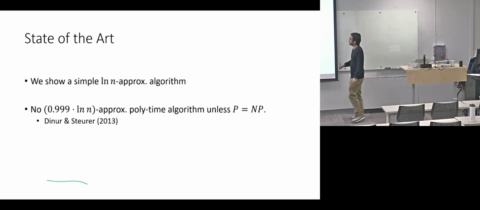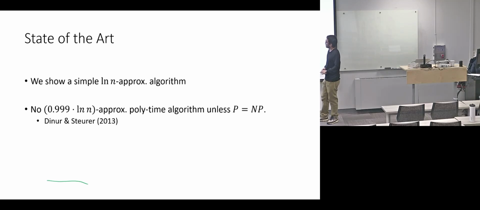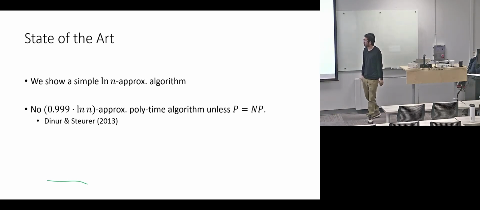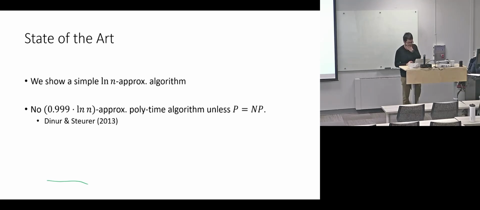If you can do a bit better, then P would equal NP. It was proven more than 10 years ago. I actually don't know the proof, but it's about hardness of approximation. Maybe Uyong or Nikhil would know the proof, but I don't.